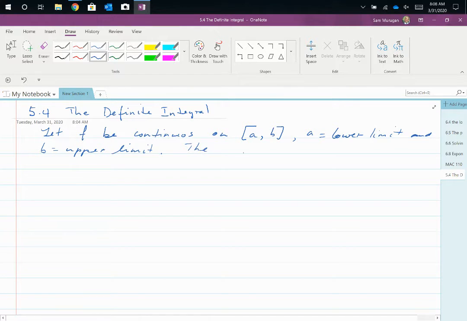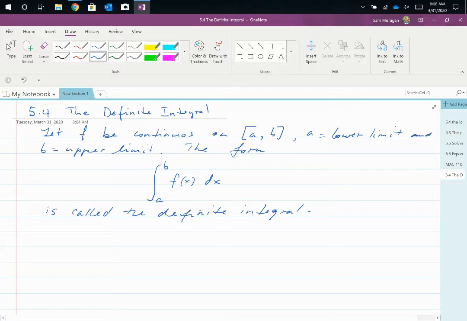The form f of x dx is called the definite integral.